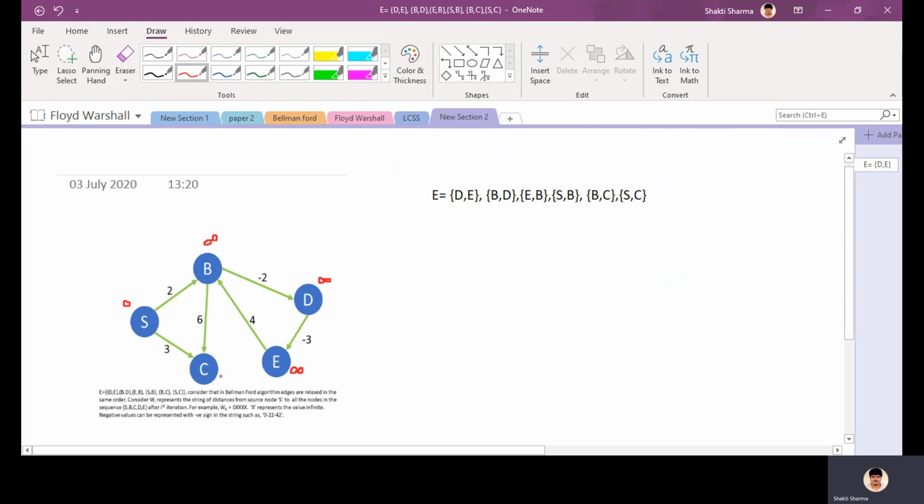One very good example you can consider in graph algorithms is that each node is a city and S is the source city. If you are sitting right now in Greater Noida, then your source node is Greater Noida and the other nodes can be Delhi, Mathura, Agra, Meerut, Ghaziabad and so on.